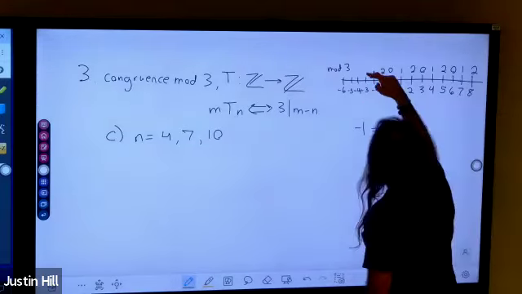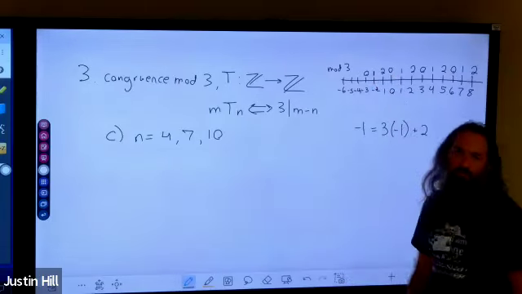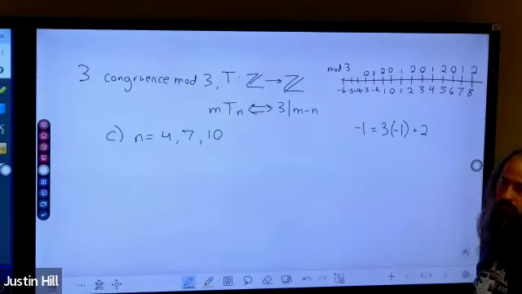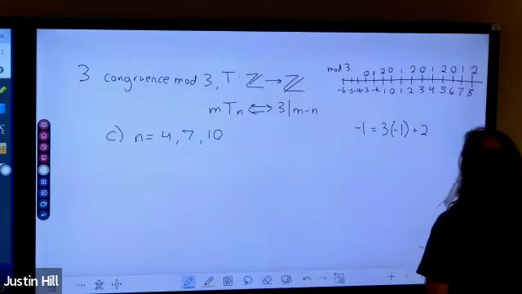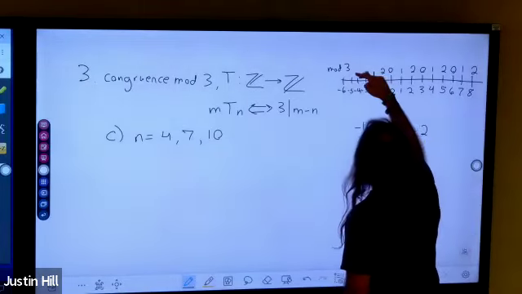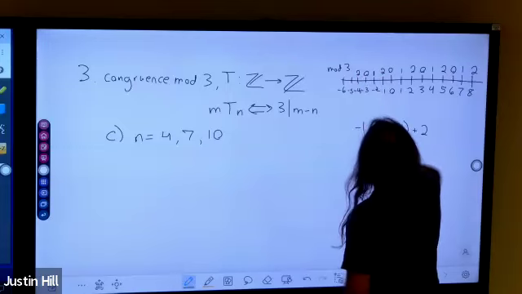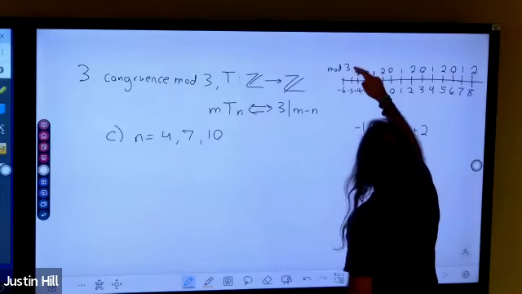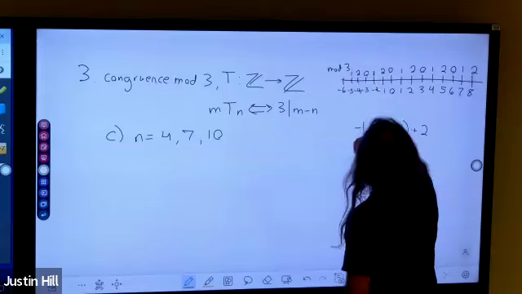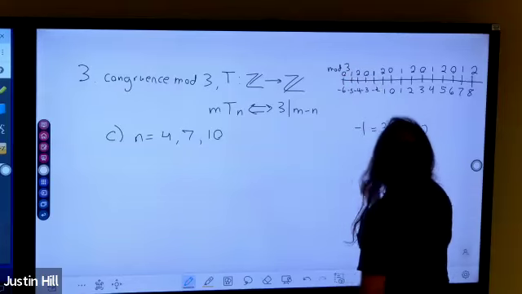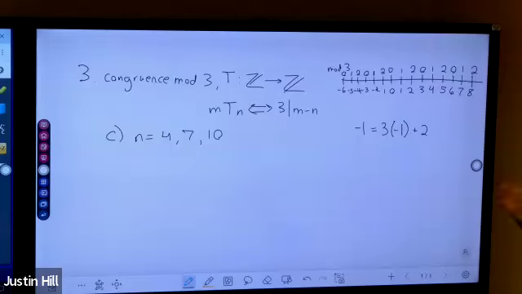And then -3 is going to be a 0. I can divide that by 3 evenly: 3 times -1 plus 0. So -4 mod 3 would be a 2, -5 would be a 1, -6 would be a 0. And that gives us a couple others.